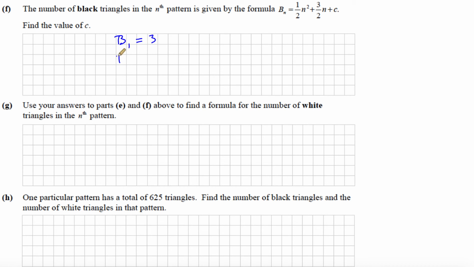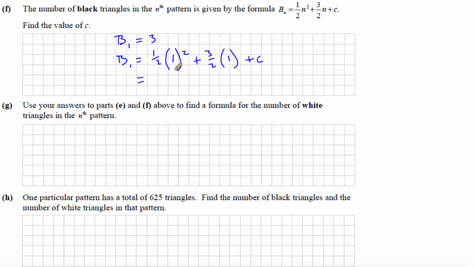But we also know that B1, if Bn is a half n squared plus 3 halves n plus c, will be equal to a half 1 squared plus 3/2 of 1 plus c.